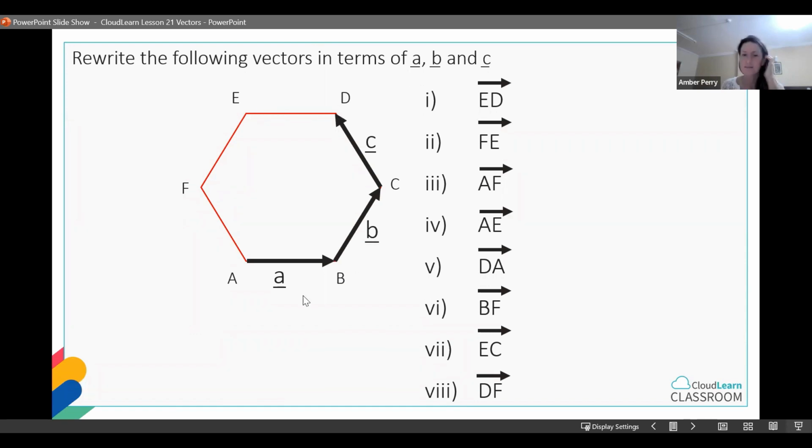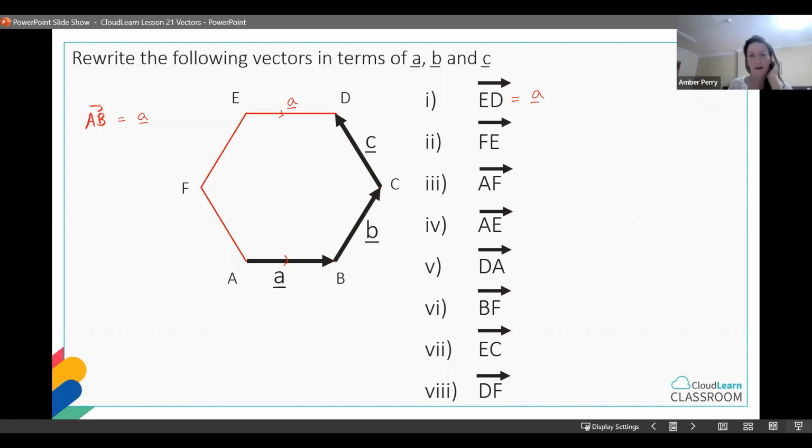So although I'm told that the vector AB is A, I could also know that this ED must also be A, because they're parallel lines and they have the same size. So I know that ED is also the vector A.